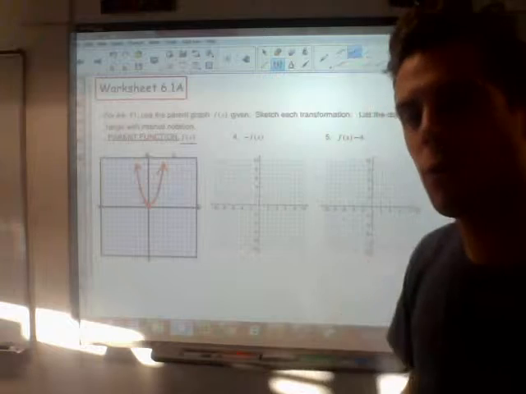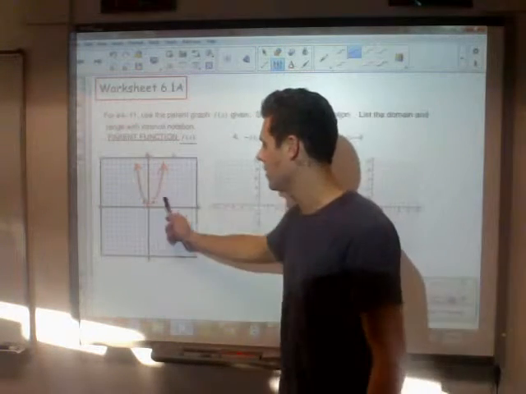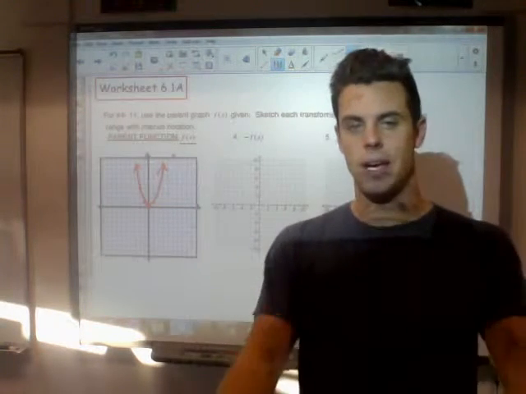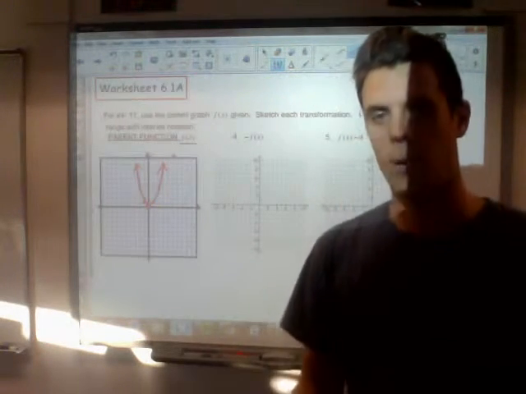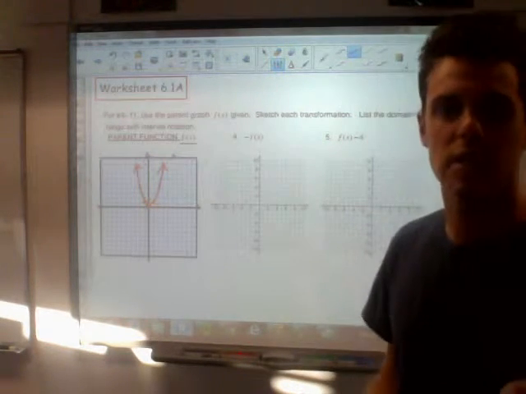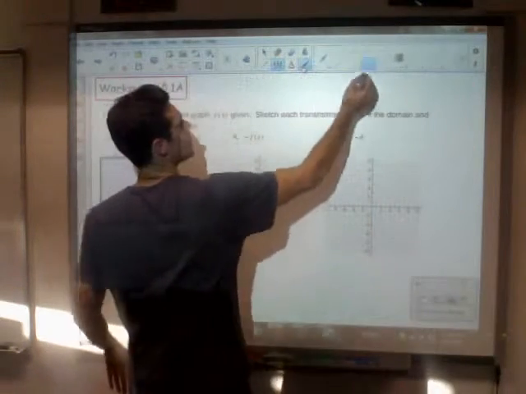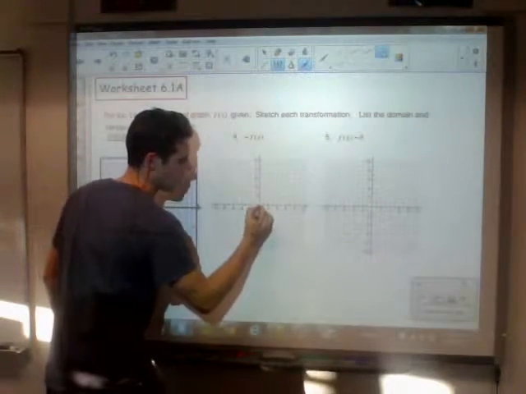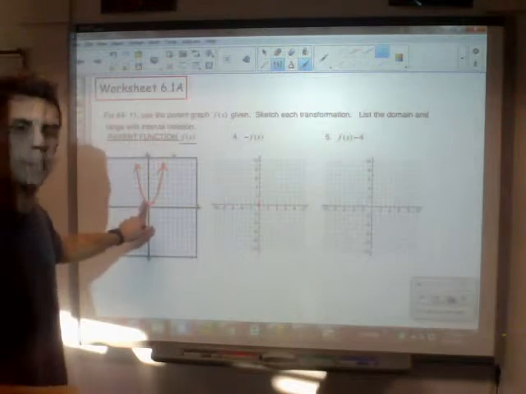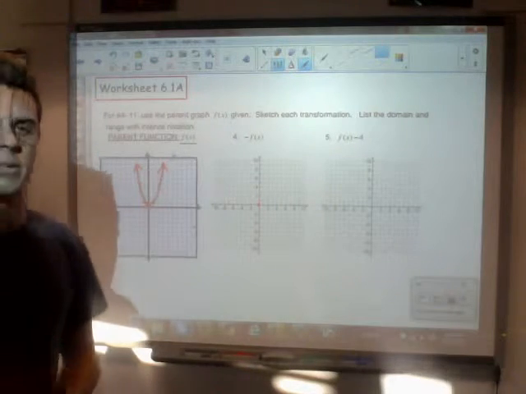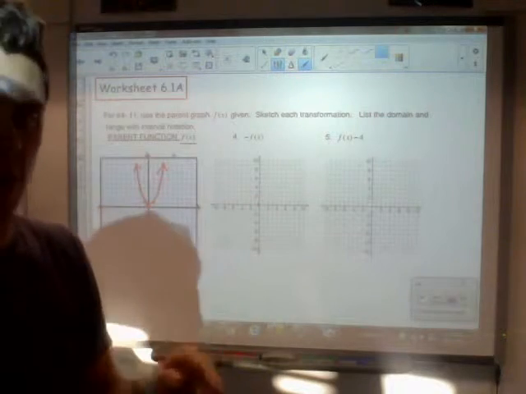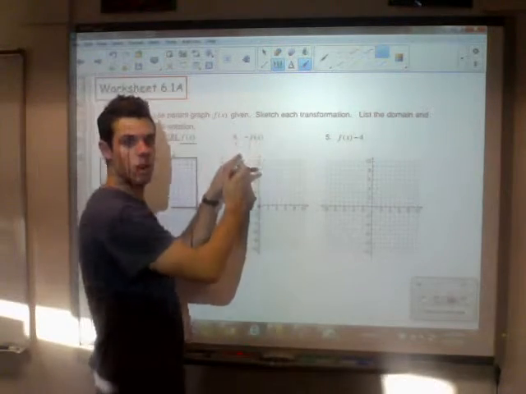So all my values of y that used to be positive, up here, are now coming out negative. So same x's, but now negative y's. So let's graph what that looks like. 0, 0 is going to stay where it's at. The vertex is still 0, 0. And what used to be at 1, 1 is now going to be at 1, negative 1 because my outputs are becoming negative.